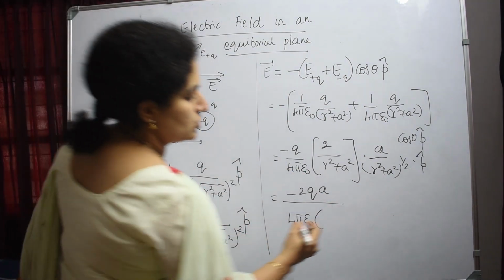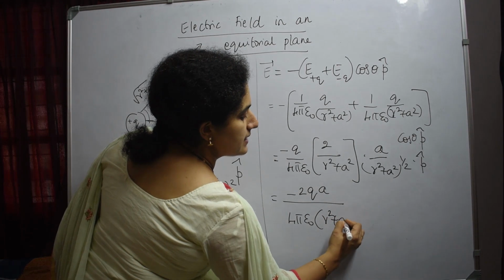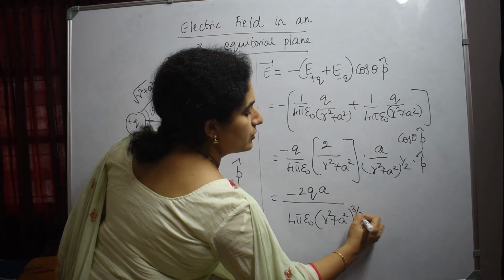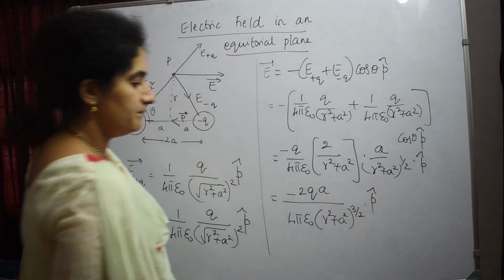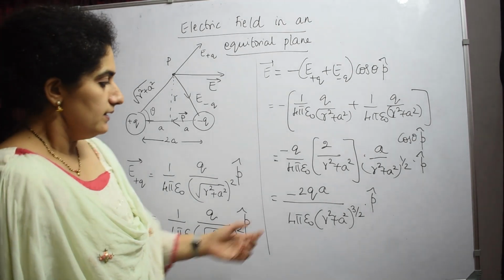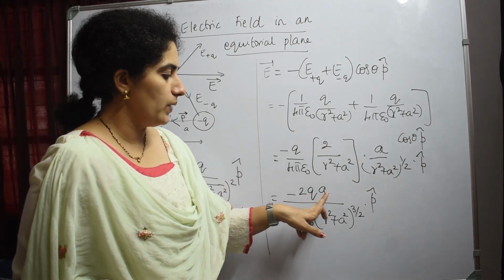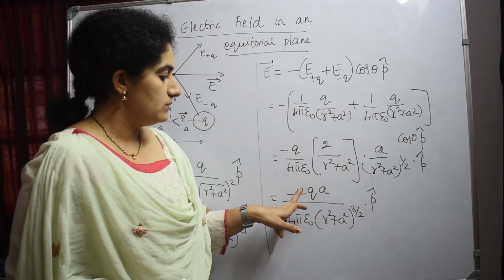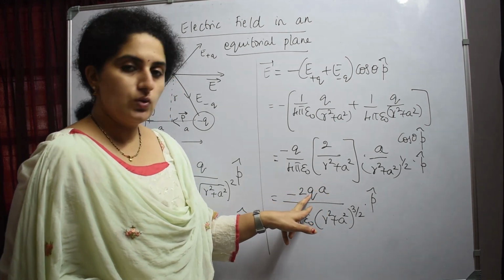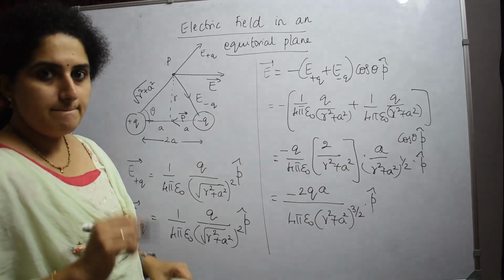Total it is 3 by 2. So r square plus a square to the power of 3 by 2 into p cap. Okay, so this one, 2a into q, we can write it as p.